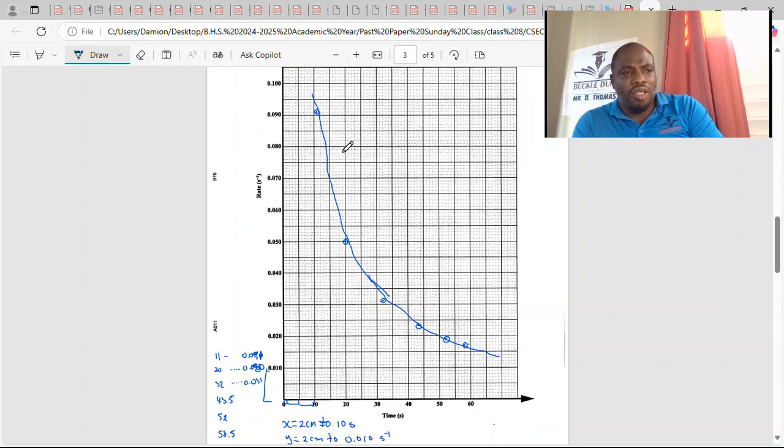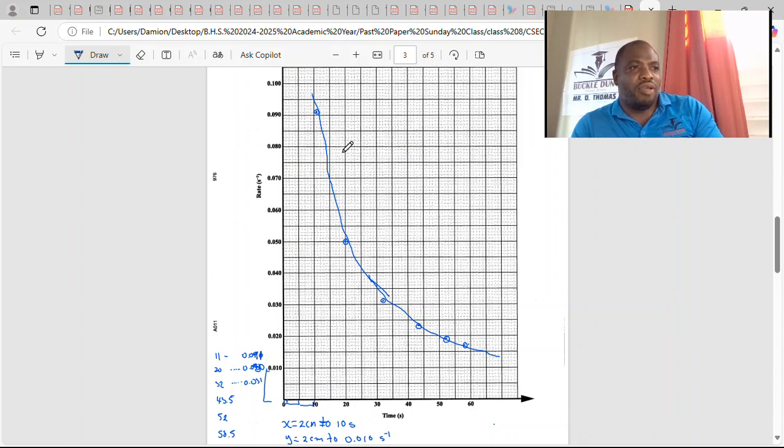How did that affect the rate of reaction? It takes a longer time. So it slows down the rate of reaction. That's one of the relationships you want to see, because the whole point of the experiment is to see how surface area affects it.